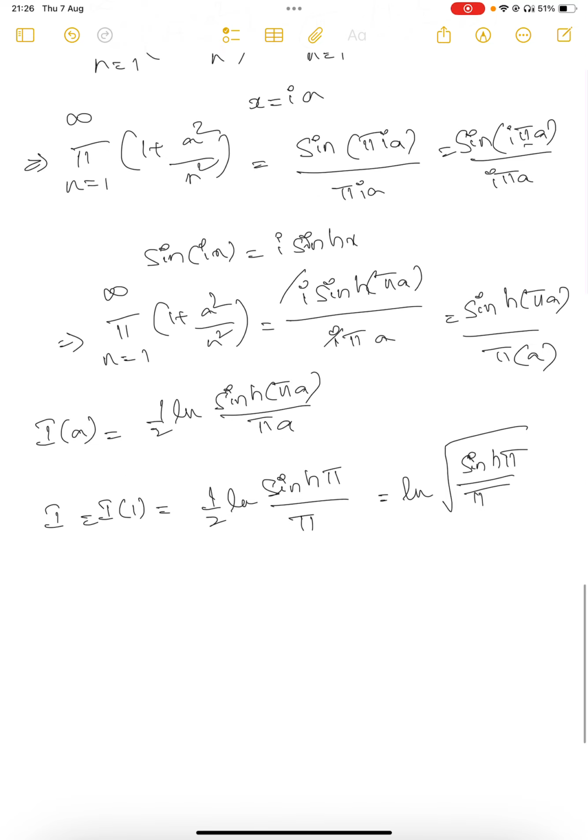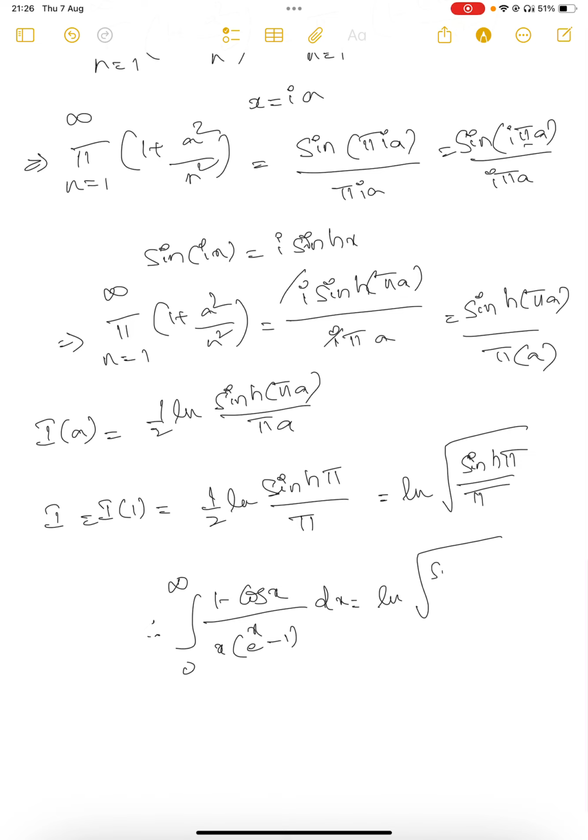So the final solution is integral 0 to infinity of 1 minus cos x by x into e power x minus 1 dx is ln of root of sinh pi by pi. This is the result.